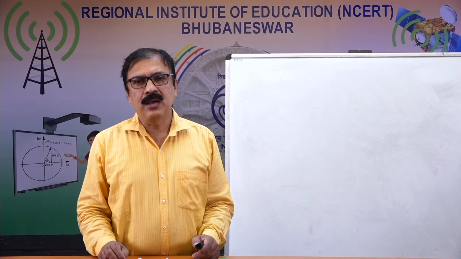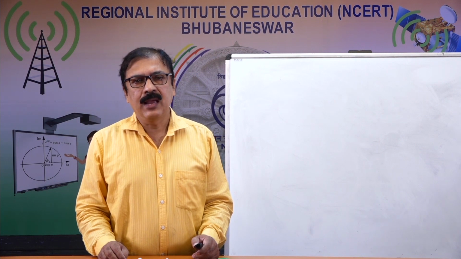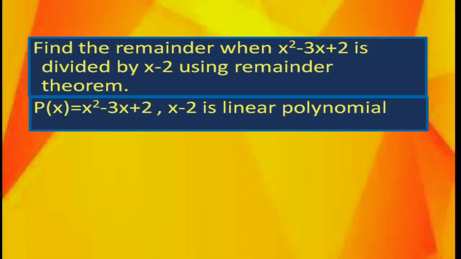So, by division, we can say that P(x) is our x square minus 3x plus 2, and x minus 2 is the linear polynomial. To find the remainder, we can replace x by 2, that is, evaluate the polynomial for the value of x as 2.